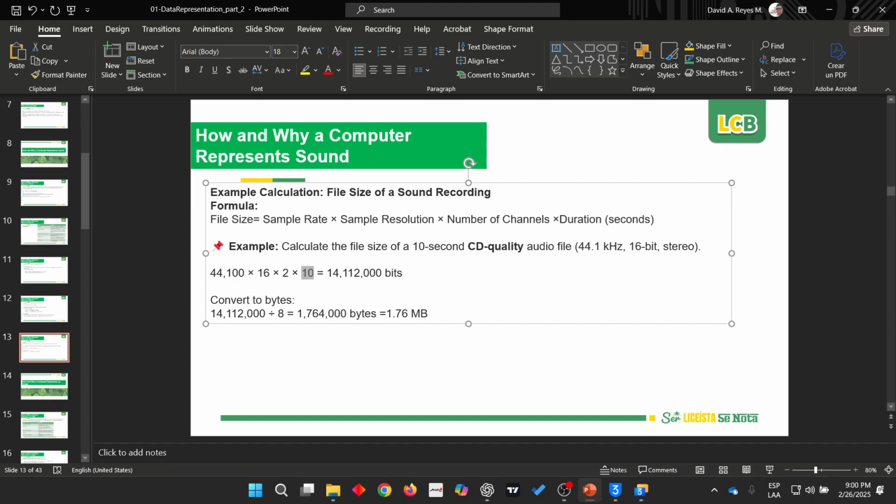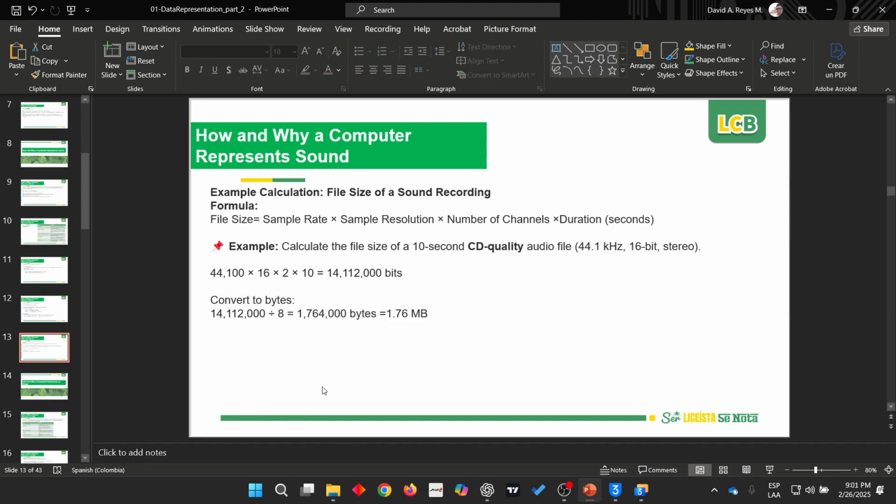That is the duration of the audio, for example. That means that we have 14 million 112,000 bits. But if you want to convert those to a different measurement, you need to make some conversions. Here are the conversions to bytes, but later in this same video, I am going to explain what this is. Okay?